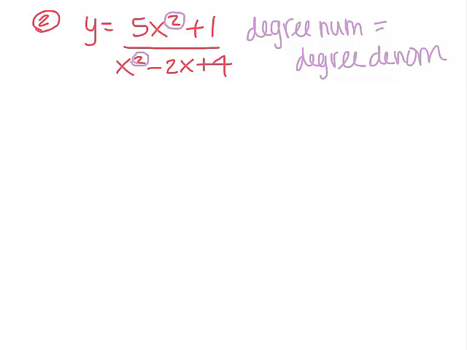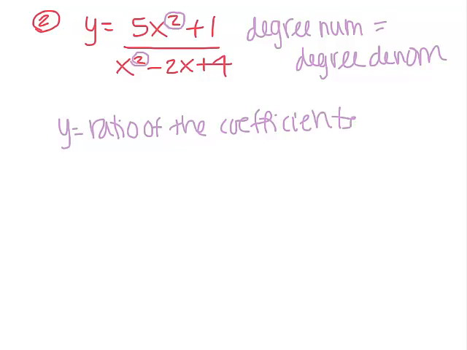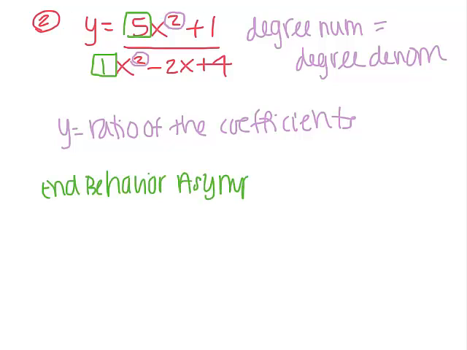So my rule tells me that it's going to be y equals the ratio of the coefficients. Remember that the coefficient is the number that's in front of the term. So in the top, my lead coefficient is a 5, and in the bottom, my lead coefficient is a 1. So my end behavior asymptote is going to be 5 over 1, which is the same thing as y equals 5. Horizontal at y equals 5.